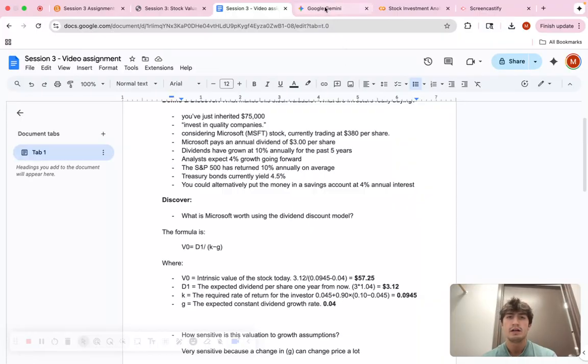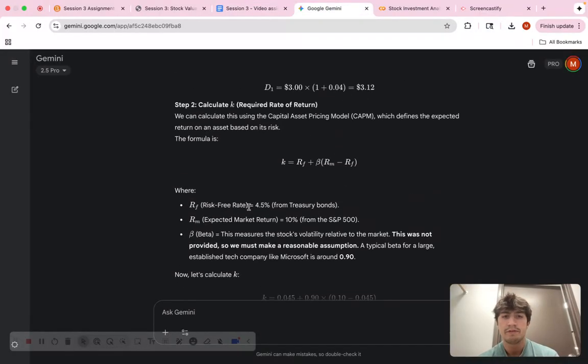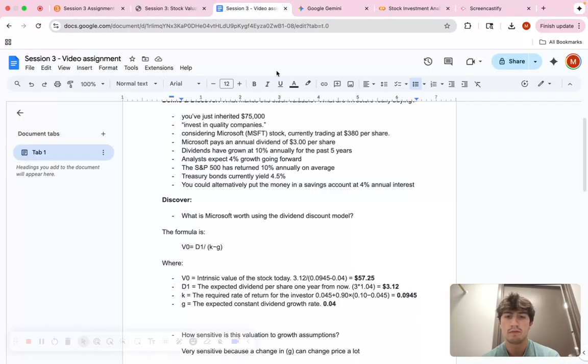And so then you just use the treasury bonds. In Gemini right here, the risk-free rate is the 4.5%, and the expected market return is 10%, and it used 0.90 as the beta.